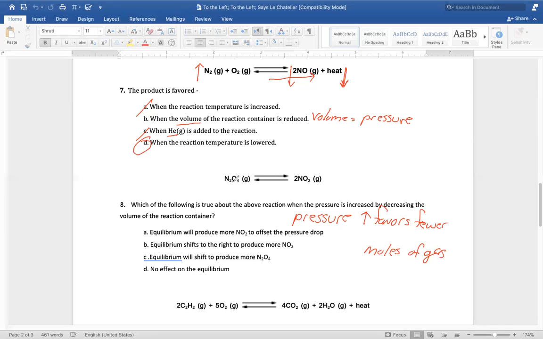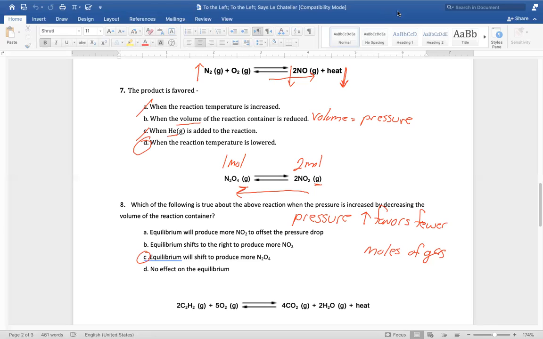So I want to find the side with fewer moles of gas. So this is where first you have to recognize exactly what substances are in the gas state. So this is in the gas state there. So here I have 1 mole on this side, and over here I have 2 moles. So if I increase pressure, it's going to favor fewer moles. It means it's going to shove this to the left. So equilibrium will shift to produce more of this.